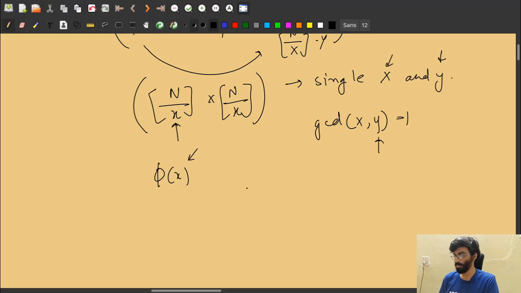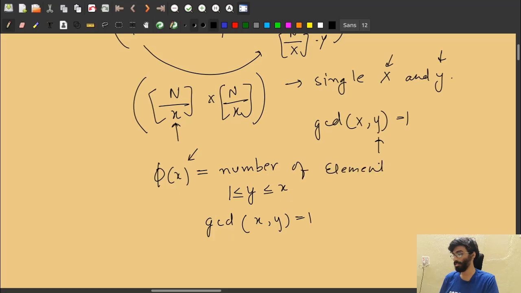Means y belongs to the range where GCD of x and y is 1. So phi of x tells us the number of elements less than or equal to x and greater than 1, where GCD of x, y is 1.